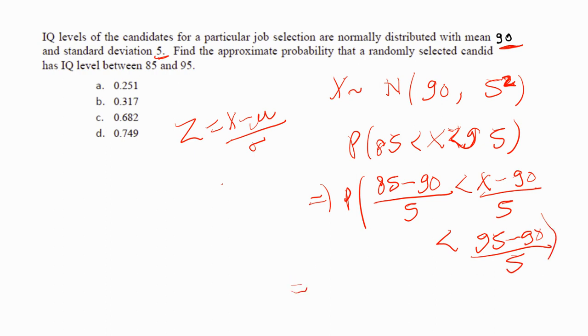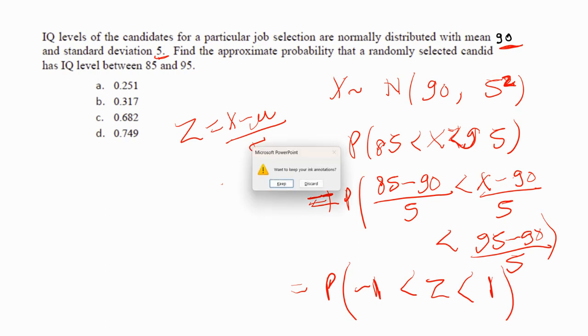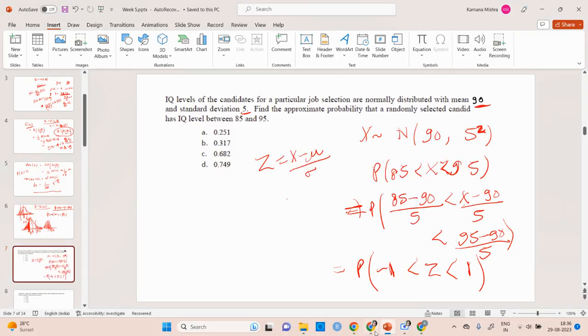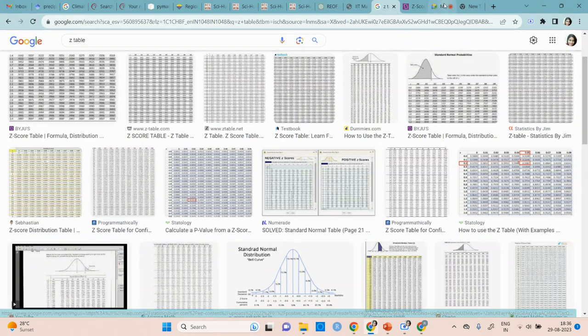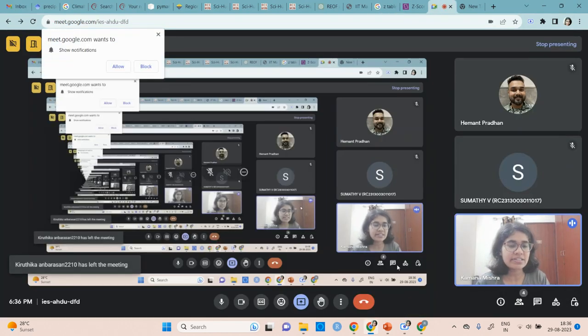So this will be equal to the probability that z is between minus 1 and 1. Have you understood up to this? Is it making sense till now?